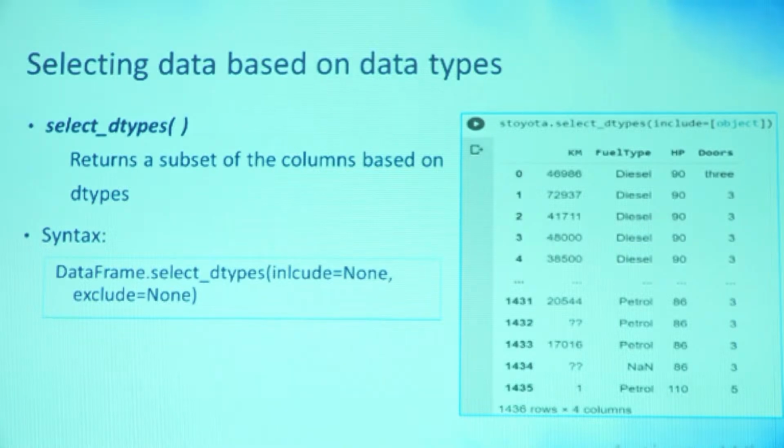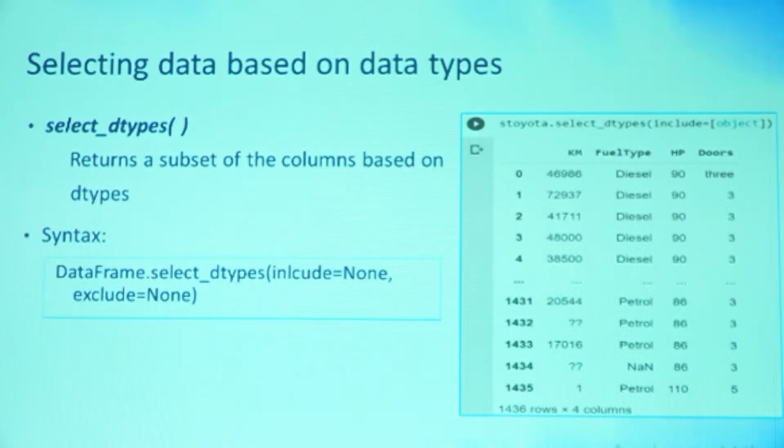Because if NaN is there, then definitely it will be treated as an object. So when you call a data frame with all the columns having object, you will come to know these are the columns that I should reflect on. Because if it is int and float, definitely there should not be any problem with it because it is sorted. But if it is an object, you will have to put your brain onto it: okay, this is a kilometer column but it is still showing object, why? So I'll have to work on it like that.